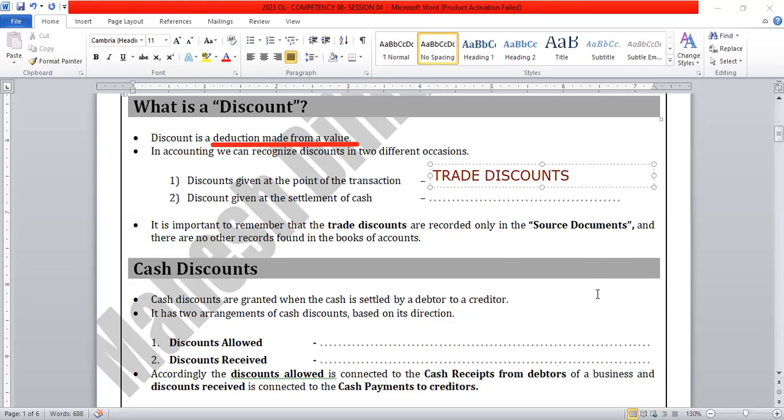Write that down. Trade discount is a discount given at the point of the transaction. A discount which is given at the point of the transaction is called a trade discount.